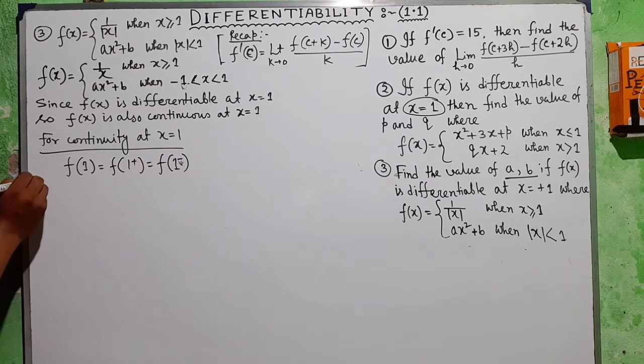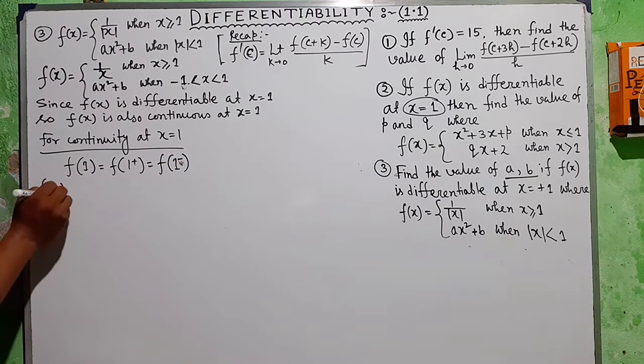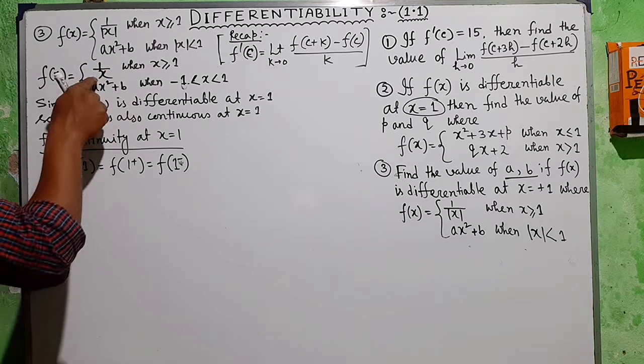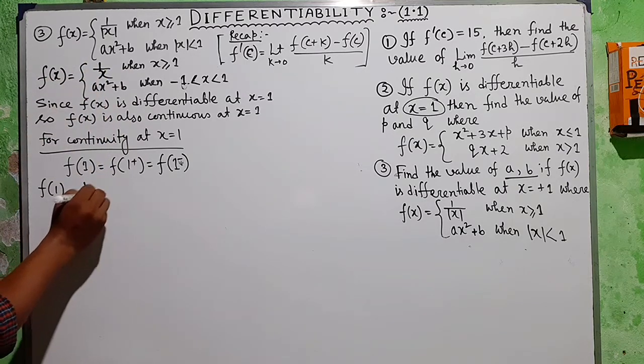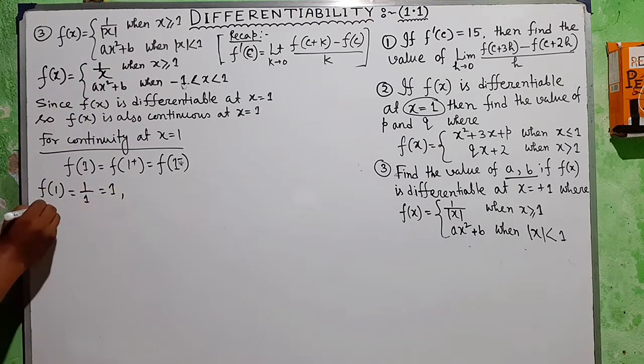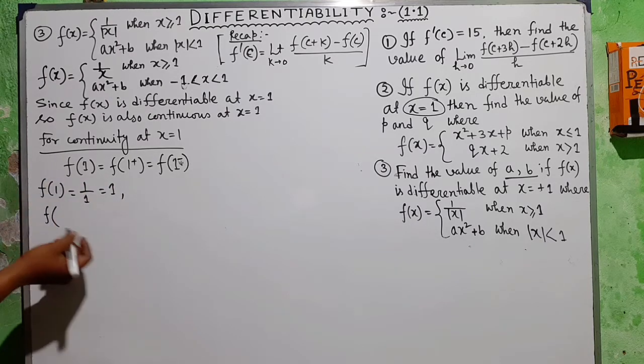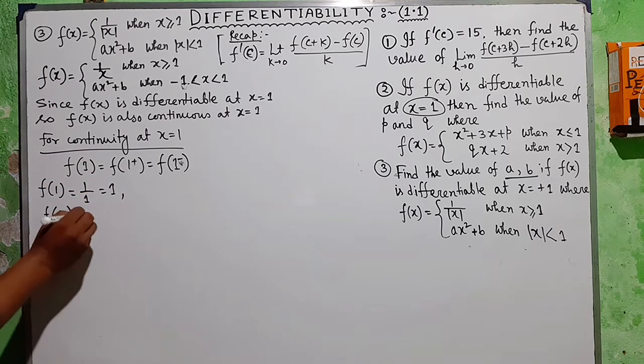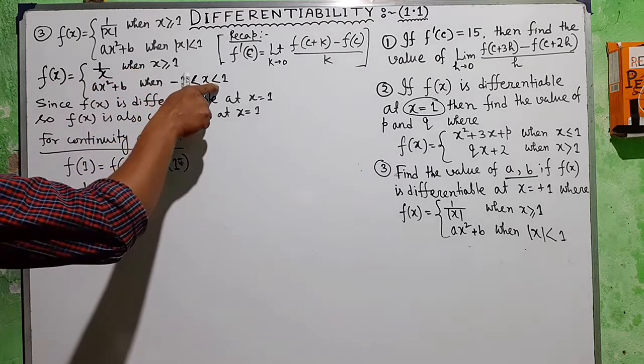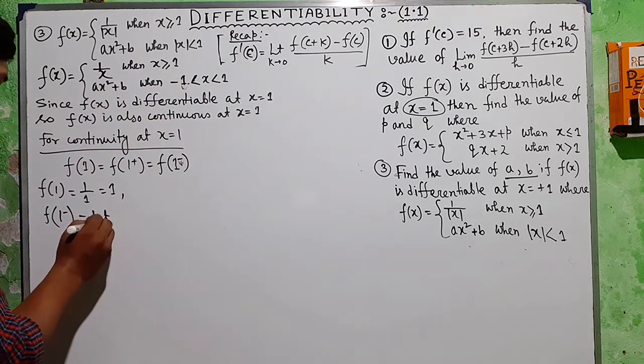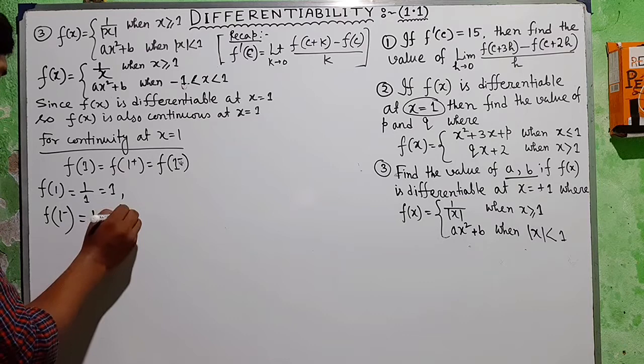So what is now f(1)? At x equals 1, the value is 1 by x, that is 1 by 1, so f(1) equals 1. f(1+) is also the same value. f(1-), that means x less than 1, that means limit x tends to 1 minus f(x).